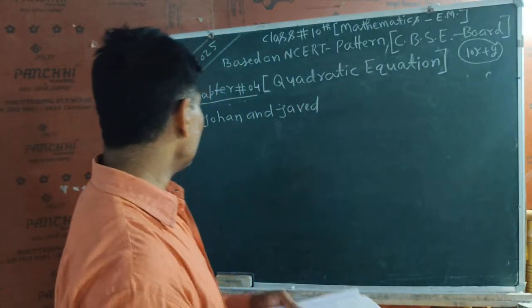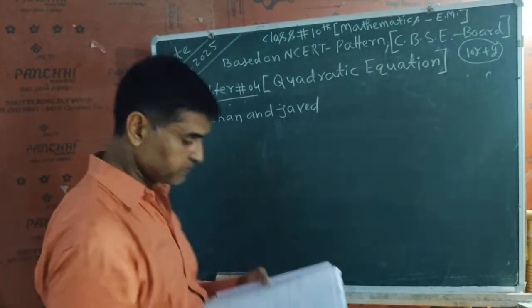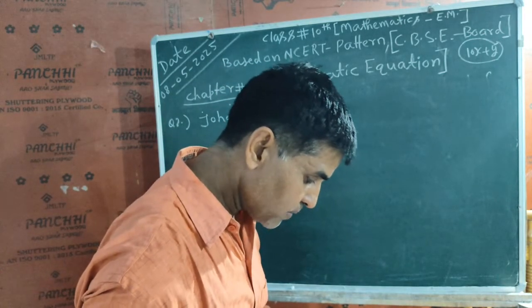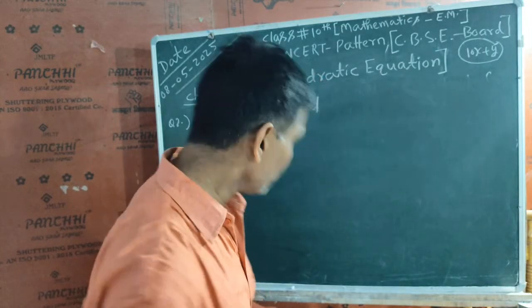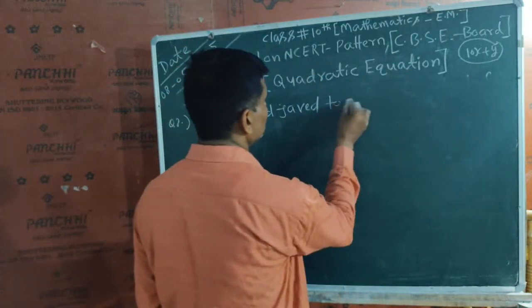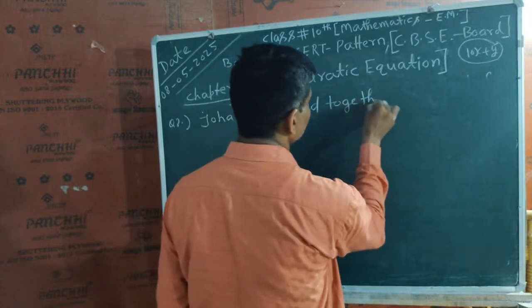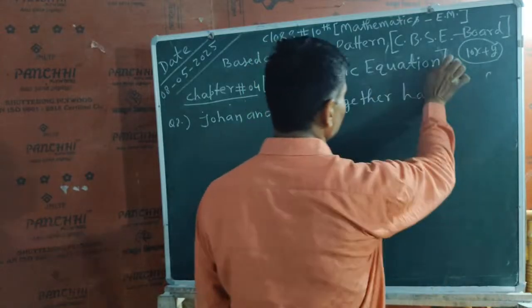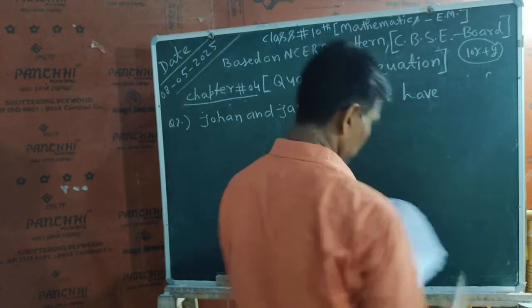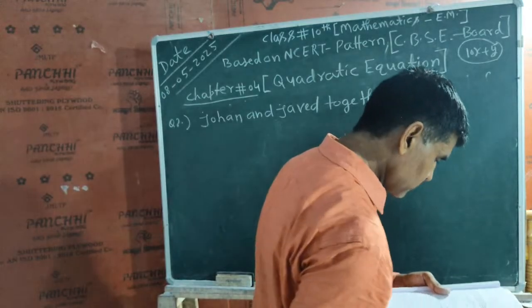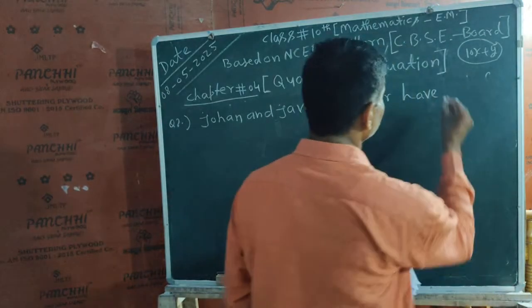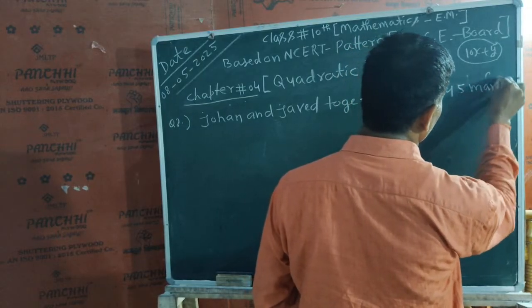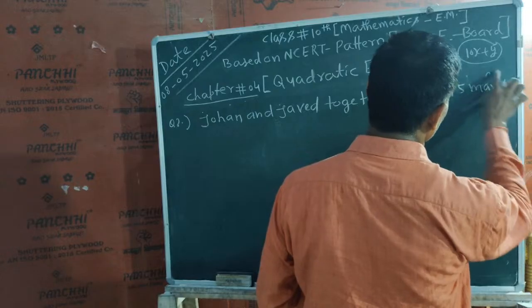One name is Johan and the other name is Javed. Together they have 45 marbles.